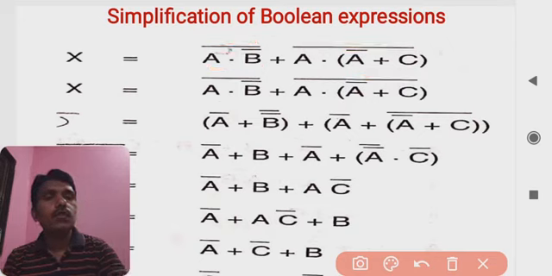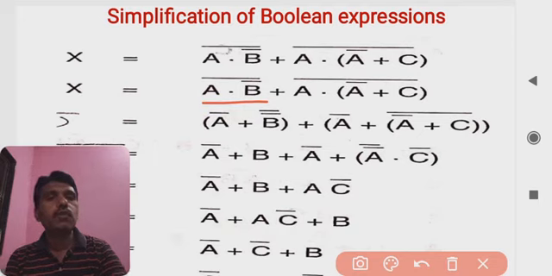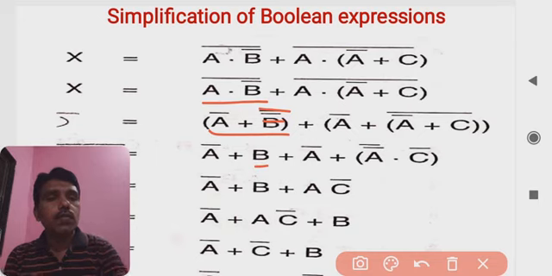The complement of a product we can convert into the sum of the complements. That's why we can write A complement or B complement is already there, and again the complement of that. A double complement is nothing but the original variable, so it is A complement or B.